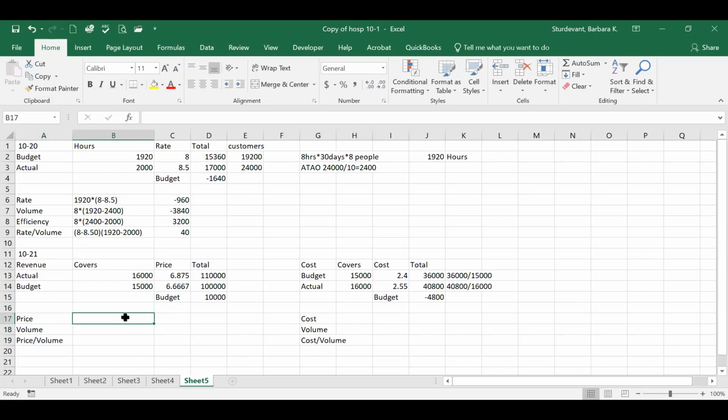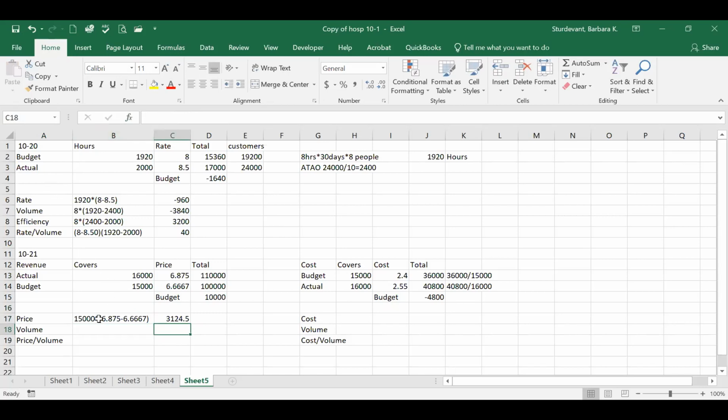Okay. So if it's a price variance, that means in the parentheses is price. Since this is revenue, we want the actual to be higher. So we're going to put that first. And then you're going to multiply that by the budgeted other, which in this case is covers. Okay, so that's a good one.